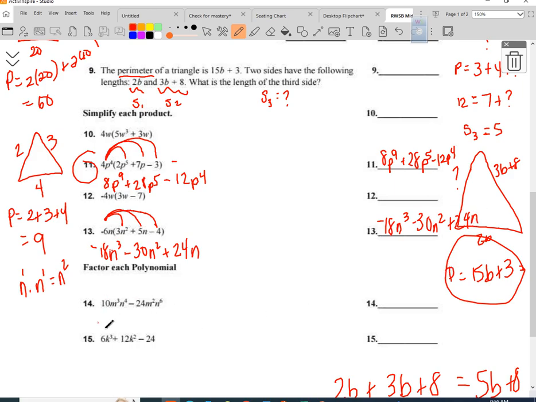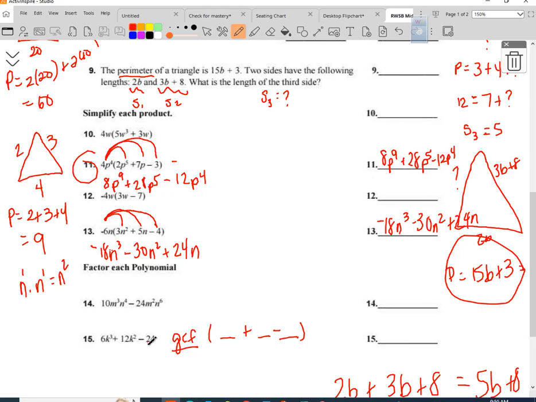16, factor each polynomial. So remember, greatest common factor first, and then we're going to use some parentheses. There's 1, 2, 3 terms. Going to fill in the blank. So what is the greatest common factor of 6k cubed plus 12k squared minus 24?